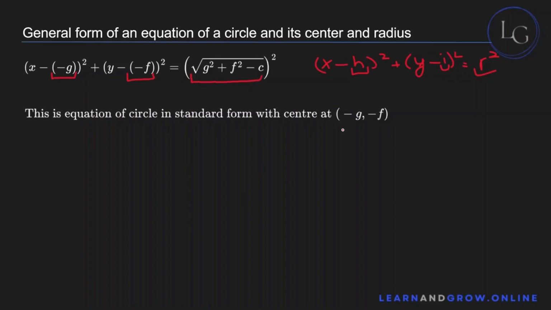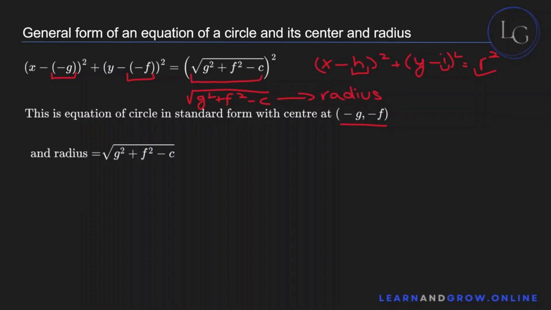So minus g and minus f is the center of the circle, the coordinates of the center, and this term under root, this term inside the bracket, g square plus f square minus c, this is the radius of the circle, right?